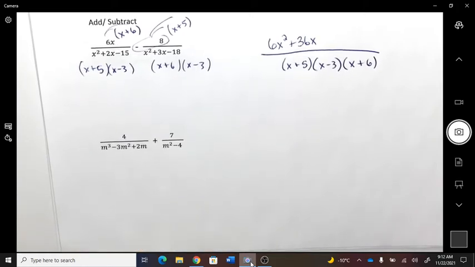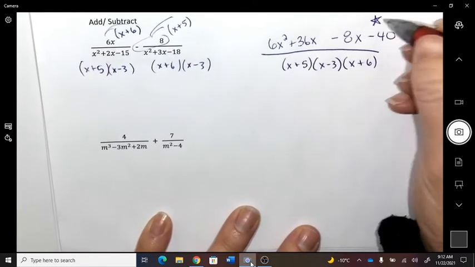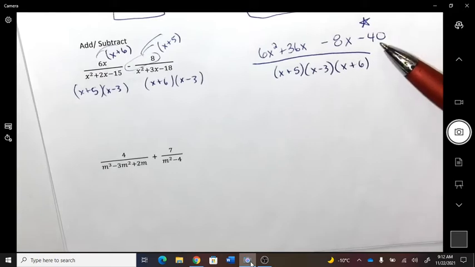So be careful with your signs here. So I'm subtracting an 8x and subtracting 40. So that's usually the spot that people lose a half point on, right there. Okay, that negative.